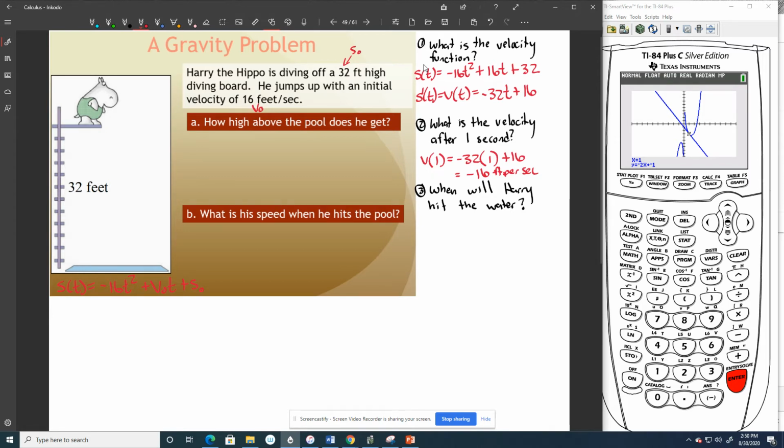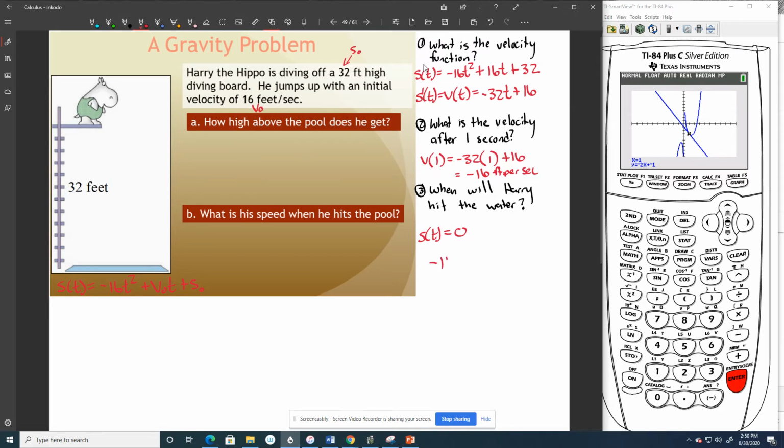Number 3, when will Harry hit the water? So we want to know at what amount of time Harry hits the water? And remember that the position we want to be 0. So we want S of t to equal 0 because that's when Harry's going to hit the water, because that'll be at the height of 0.